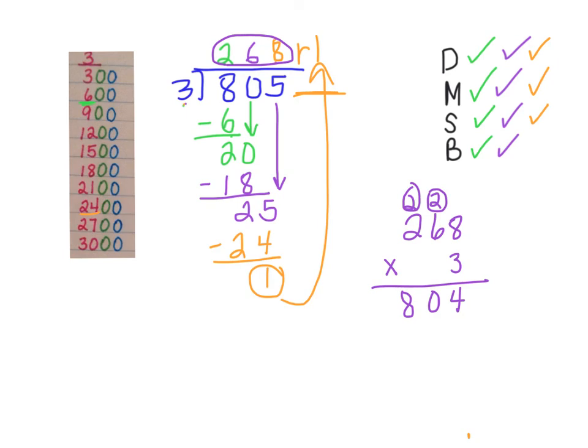I get 804, but I'm not done because I have this remainder here. I'm going to have to add that part in. Add the leftovers. That leaves me with 805. 805 here. 805 here. My answer is correct.